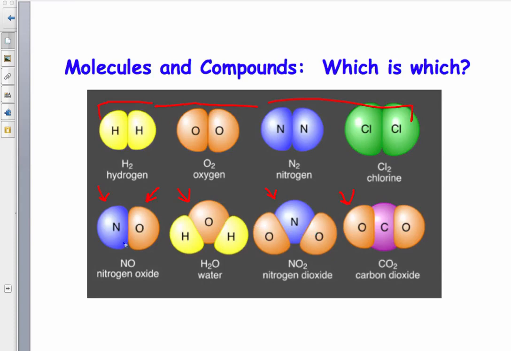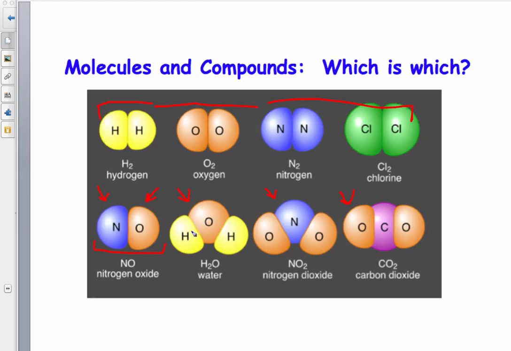Here's a molecule with two atoms bonded together, but not from the same element. There's a nitrogen atom and there's an oxygen atom. And so some of you will recognize this as the water molecule. It's just a different color.